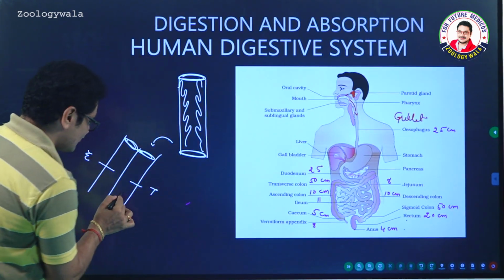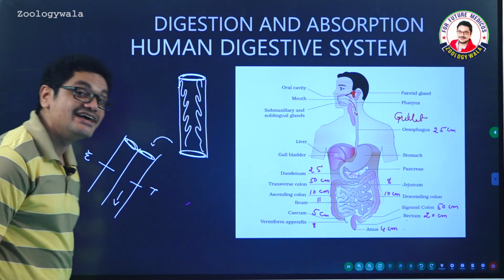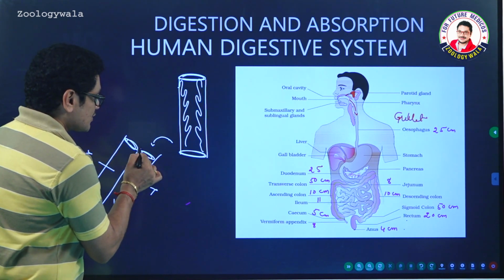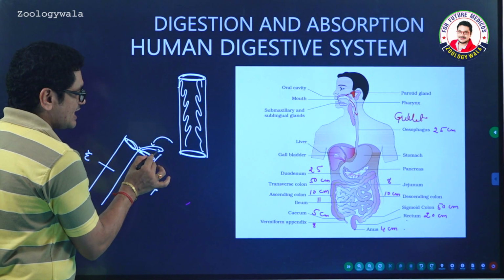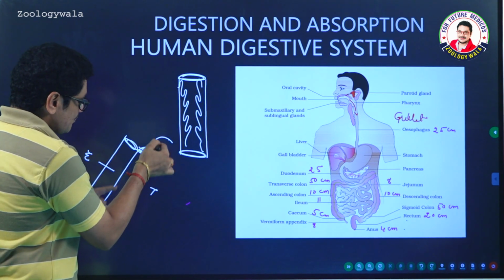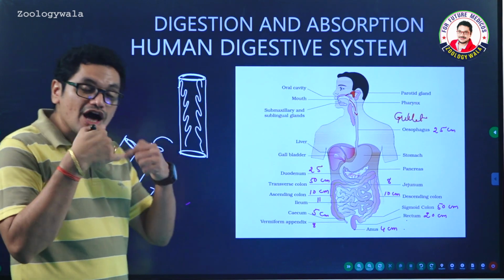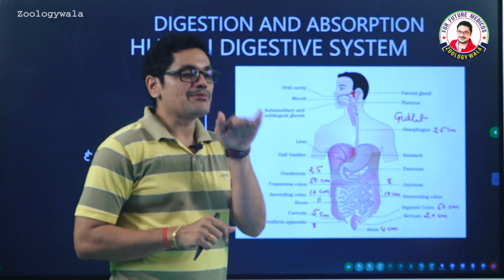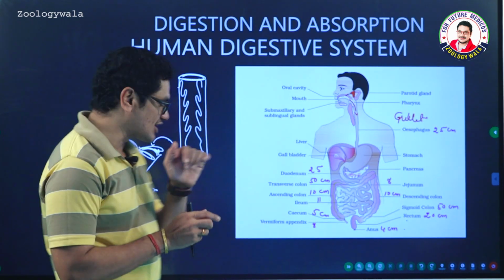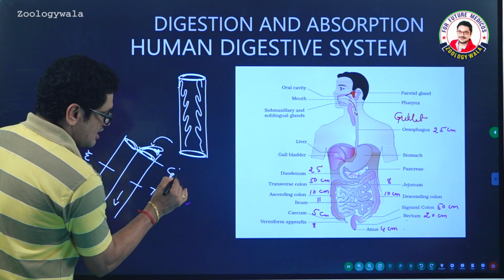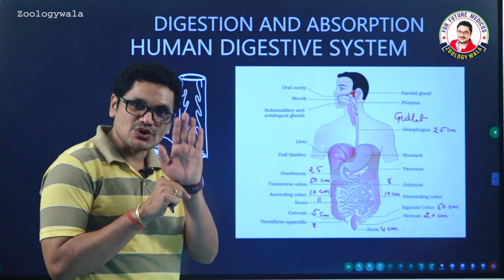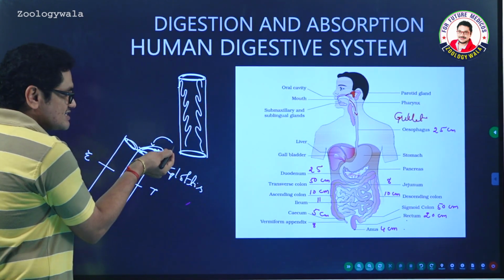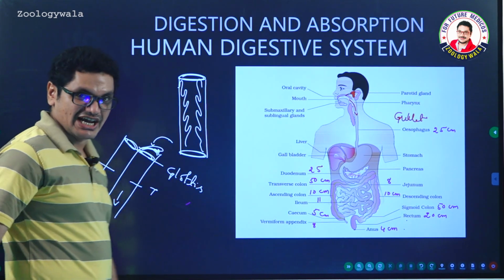This is an area for the passage of air, not the food material. So there will be a lid-like structure, just a diagrammatic representation, which closes the trachea. When we are swallowing the food material, the epiglottis closes the glottis. The beginning portion of the trachea is called glottis, so that lid-like portion covers the glottis. That is the reason why the food won't enter into the trachea.